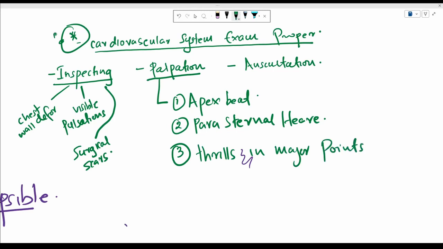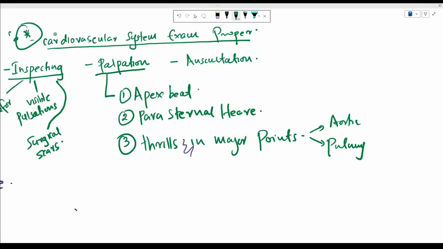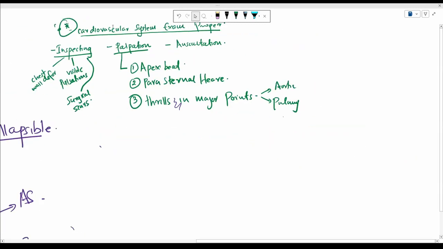What I mean by major points is the aortic area and the pulmonary area, right? You need to see, are there any thrills or palpable sounds? Then finally, you go to auscultation.